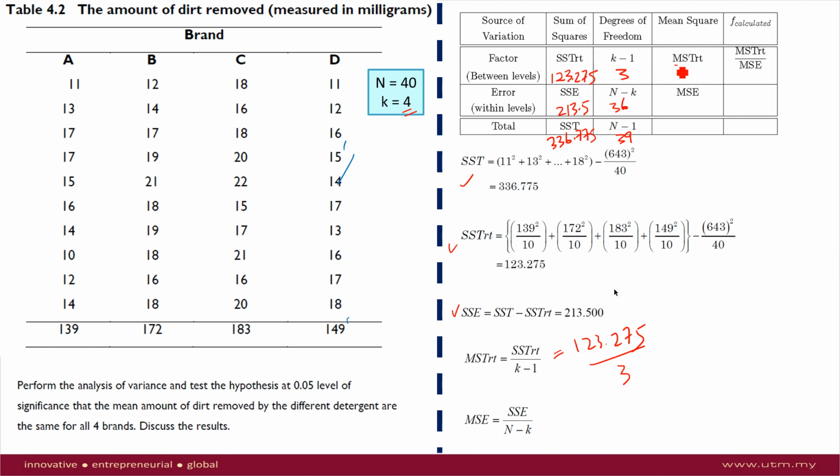For MSTRT, you just take the first column of the same row divided by the second column. For the MSE as well, the first column in the same row as the MSE divided by N minus K. So this one your SSE is 213.5 divided by your N minus K, which is 36. Then you will get the value of your MSTRT and MSE.